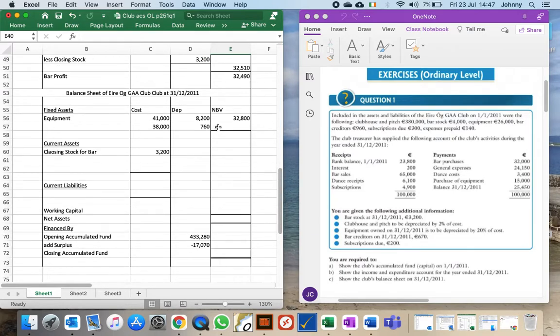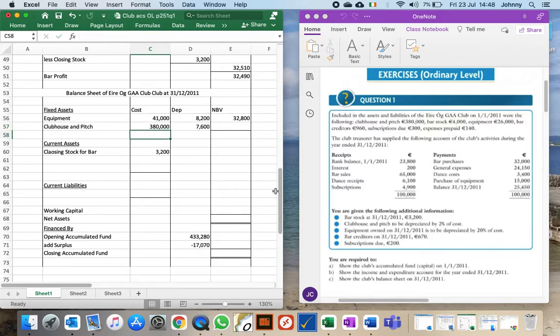So I move on to my balance sheet here. So I'm just finishing off. So this number here was Clubhouse. I just realized I put the wrong number in there. So that should be 380, not 38.